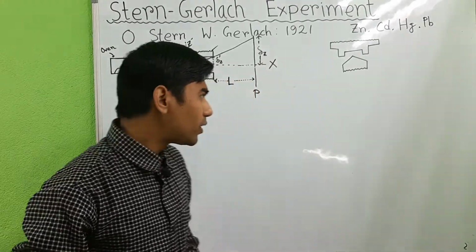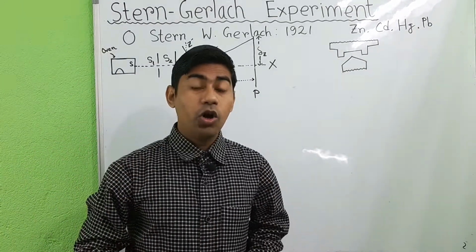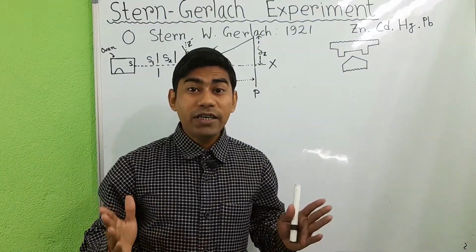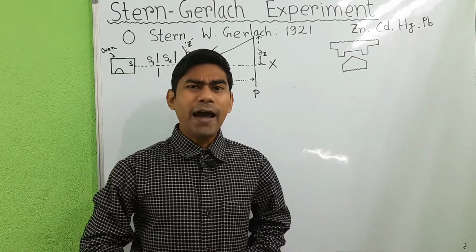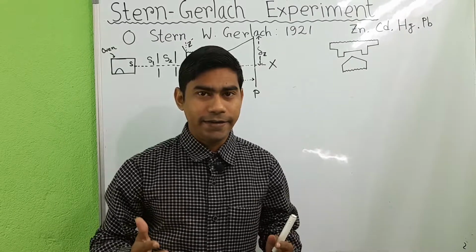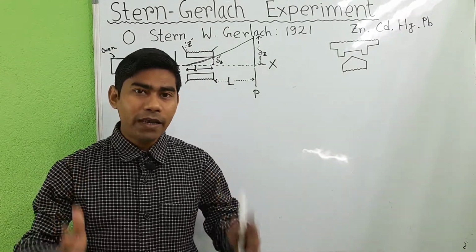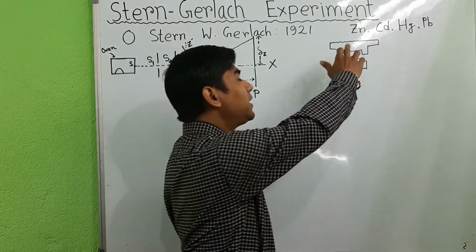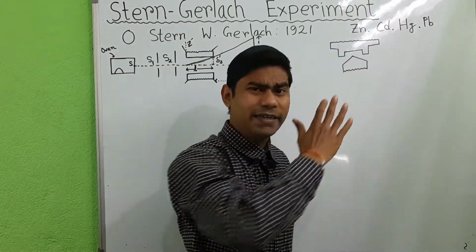The experiment was originally performed using a beam of neutral silver atoms and was later repeated with beams of neutral atoms of other elements like zinc, cadmium, mercury, lead, etc.